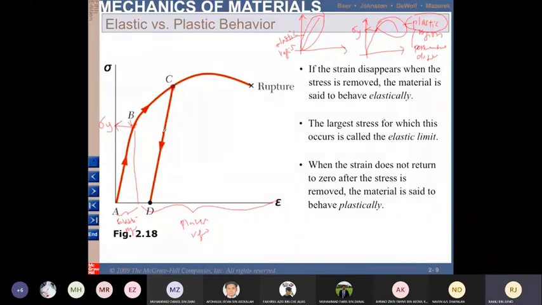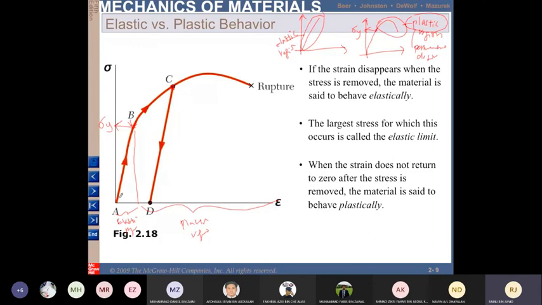However, some parts of the specimen have already become plastic, permanently deformed. So the specimen will not completely return to its original dimension.